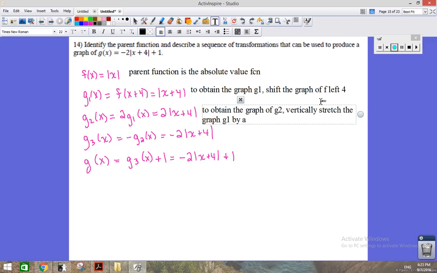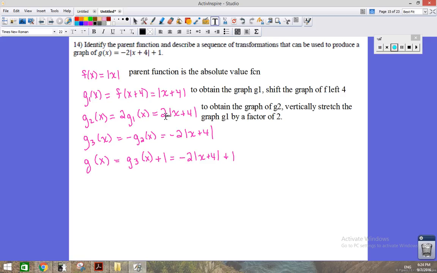By a factor of 2. It's going to stretch and get 2 times away from the x-axis. There was nothing bizarre about it. When you're affecting the range coordinates, it acts like you would think that it would. Now, this negative sign that's in front of that 2 is going to be a reflection across the x-axis.